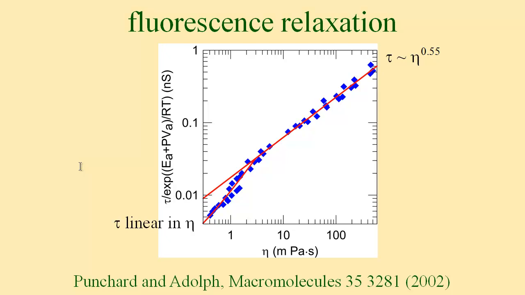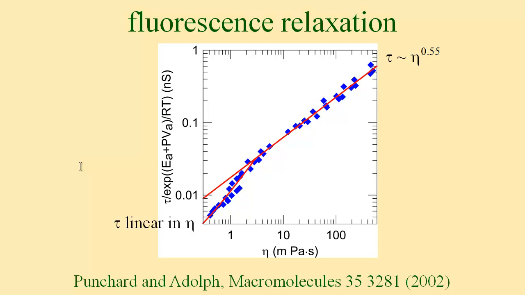There's an activation energy, E sub A, there's an activation volume, V sub A, and there is the power to which tau depends on the viscosity, eta. At low viscosities, tau is linear in eta. At large viscosities, tau depends on the viscosity eta as eta to the 0.55 power.